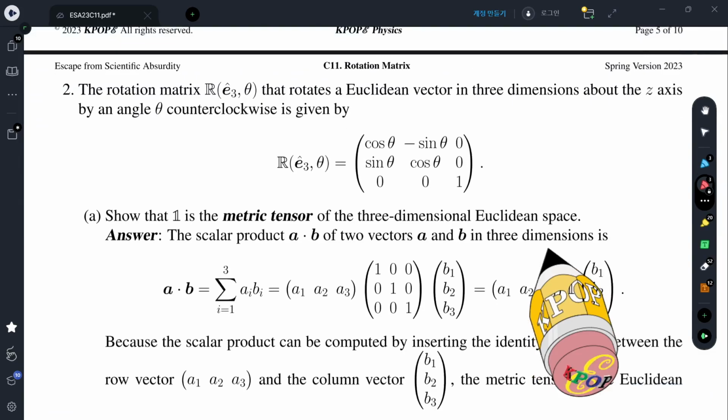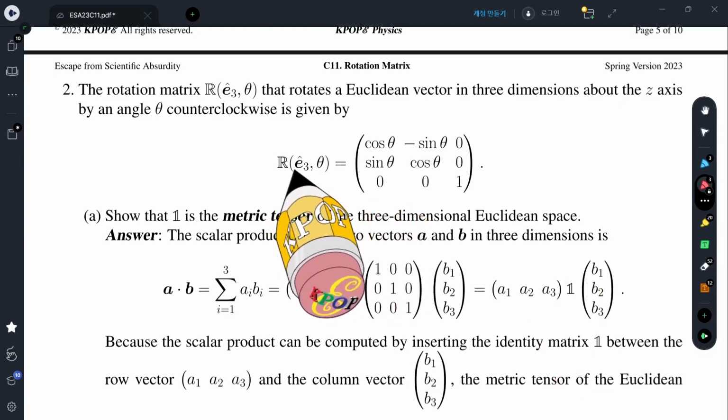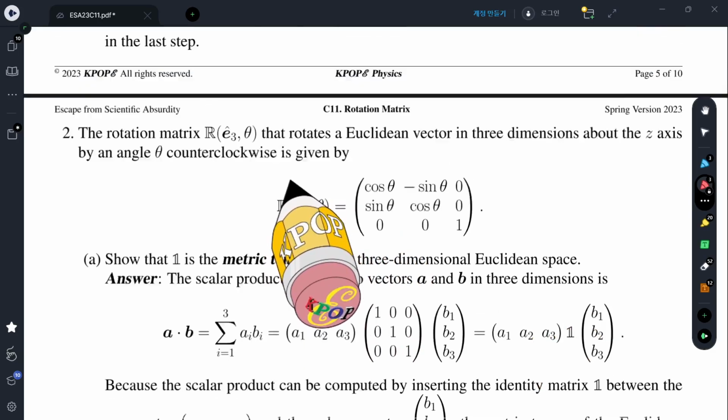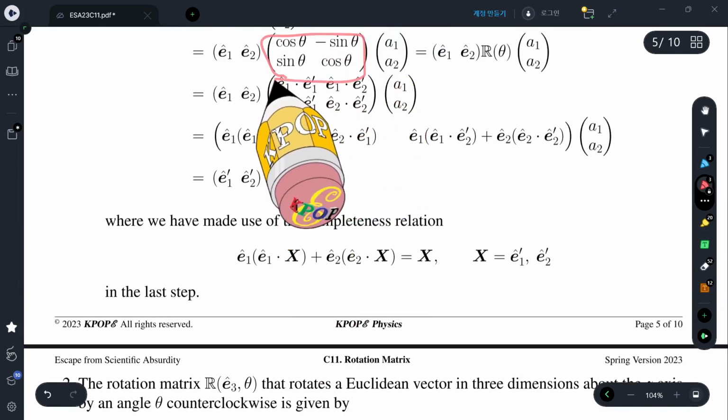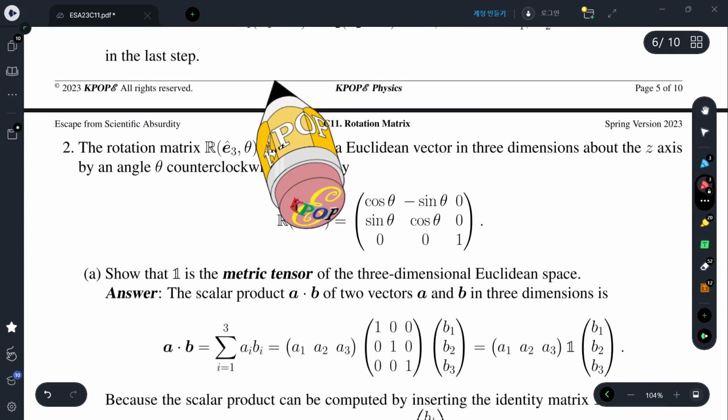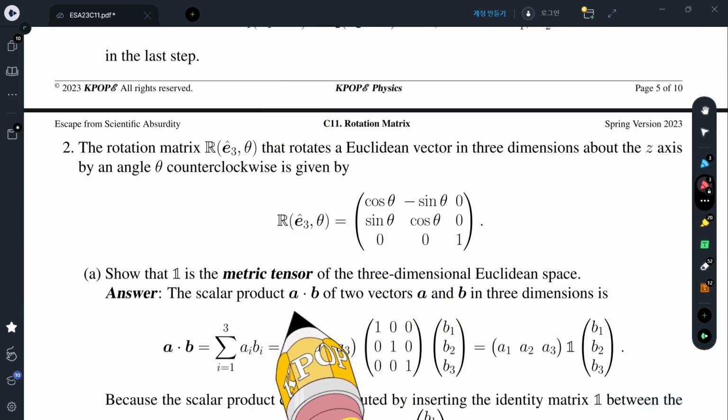And we consider the case of a three-dimensional case. Actually, what we have found is this 2 by 2 matrix that can be obtained by rotating a vector about the z-axis.